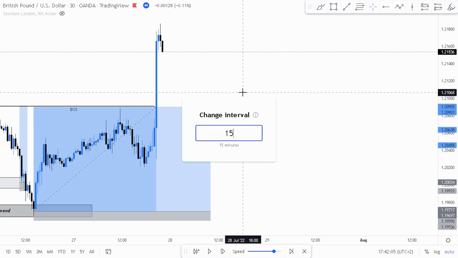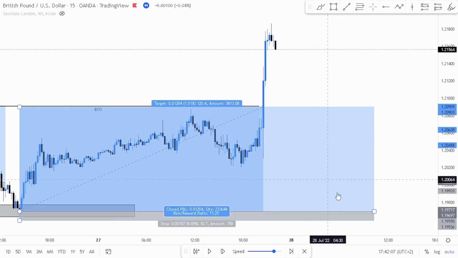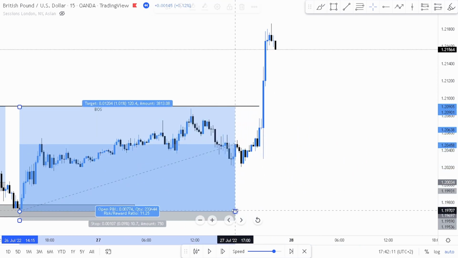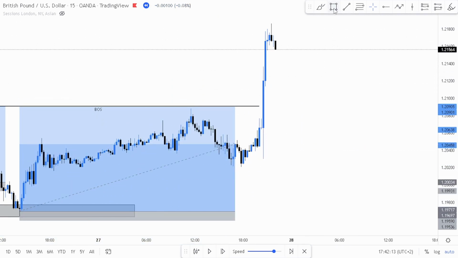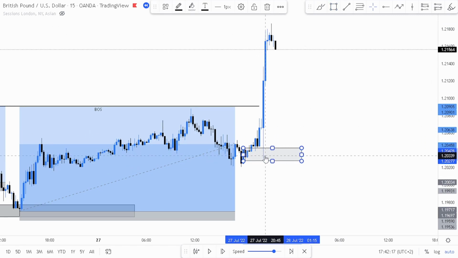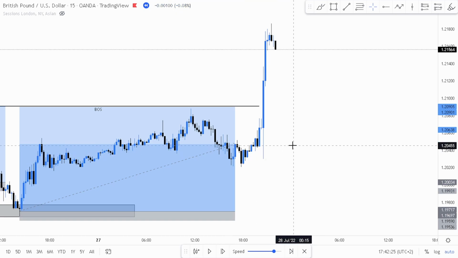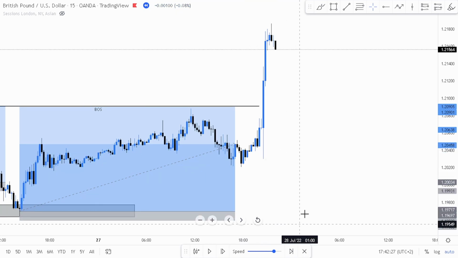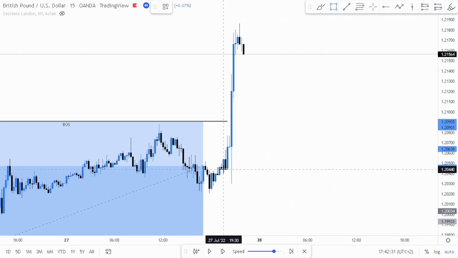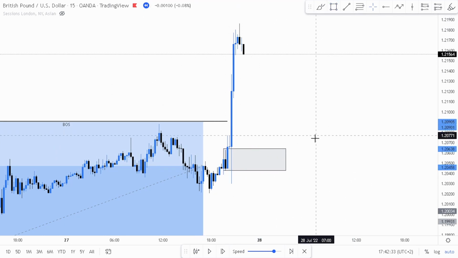But if you look at it properly, if you were to mark out this level right over here, price has already collected these orders right over here, meaning chances of price coming back to this level of demand is very low. But it doesn't mean it is entirely impossible. I'm just saying it is very low. And if you look, this is our last bearish.